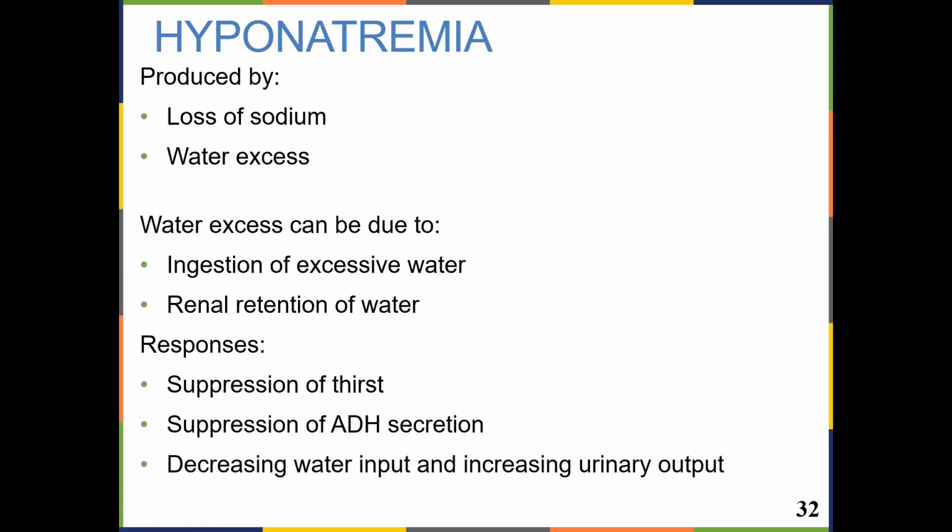Hyponatremia: taking in too much water, retaining too much water. If you're hyponatremic, you're not going to be thirsty because your salt levels are low. How do you fix this?